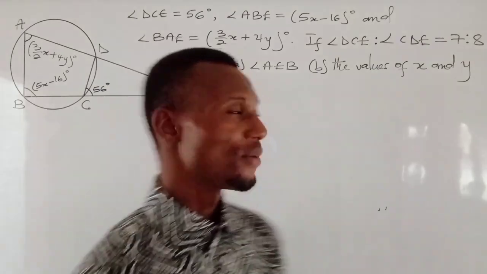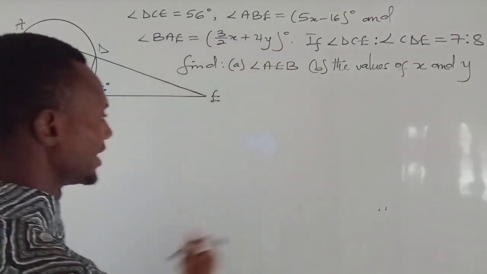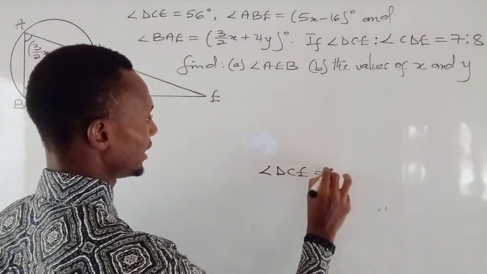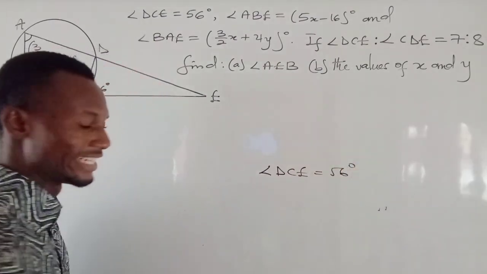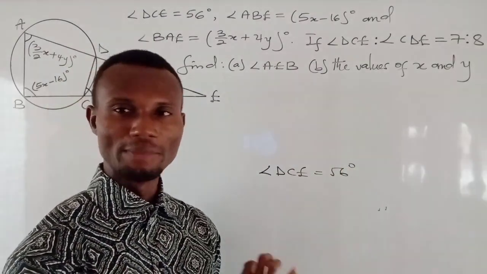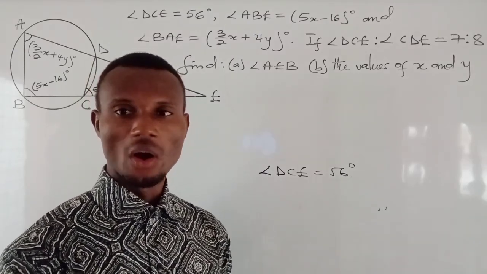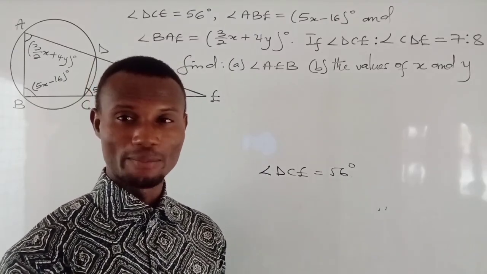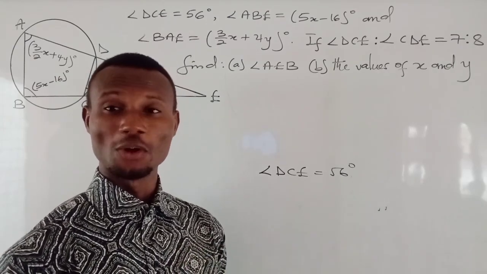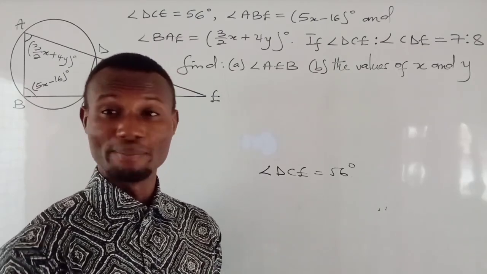When we say that angle DCE equals 56 degrees, our focus is on the middle letter, because the angle is always formed on the middle letter. I'm going to repeat it one more time: the angle is always formed on the middle letter, or the middle point.